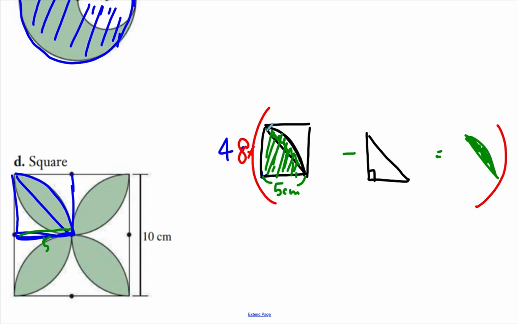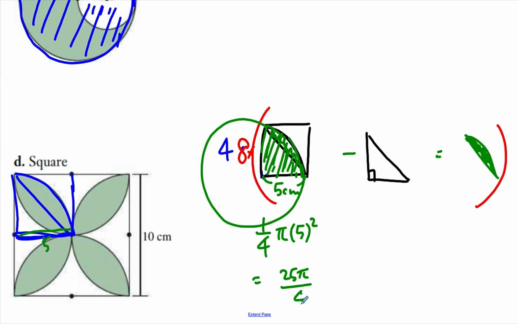So how do I find the area of this sector? It is 1/4 of this circle with radius of 5, because this is 1/4 of circle like this, right? So 1/4 of pi r, r is 5 squared, and I have 25 pi over 4. But I need to take away the triangle with 5 as the length here, and it is half of a square, so this side is also 5.